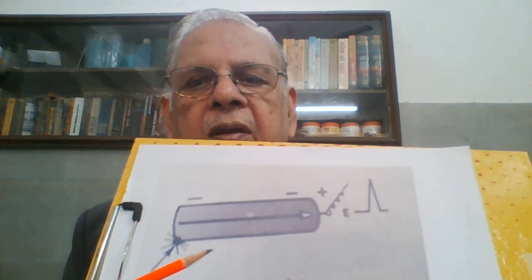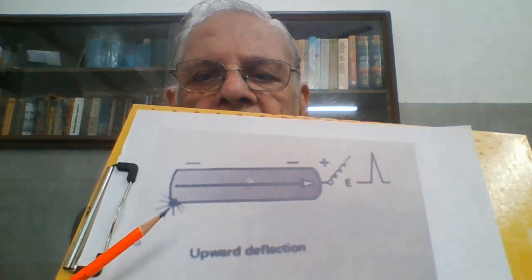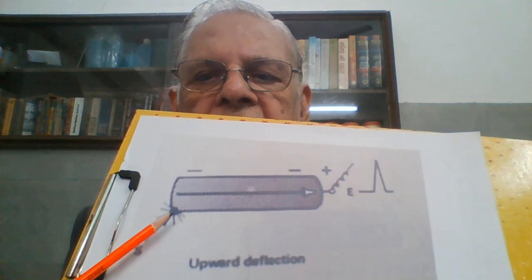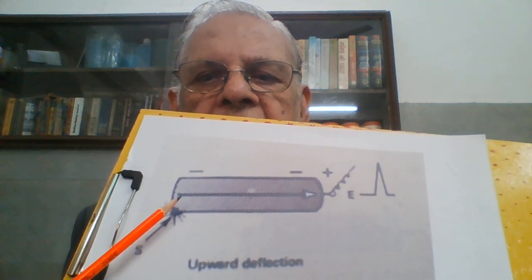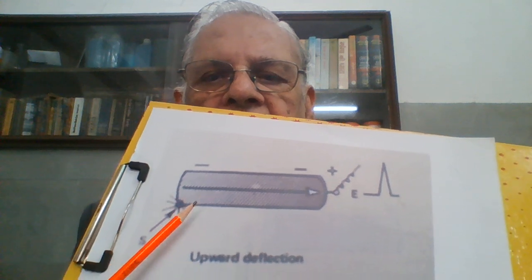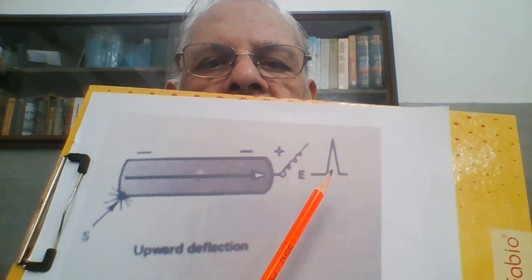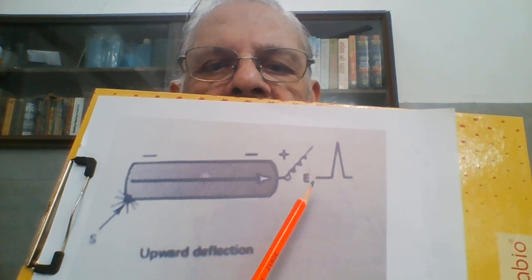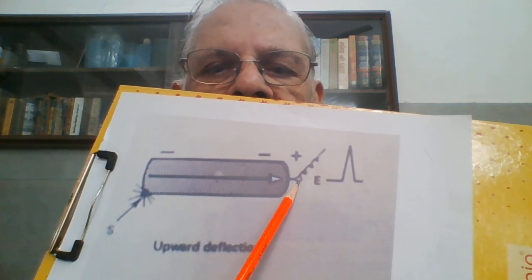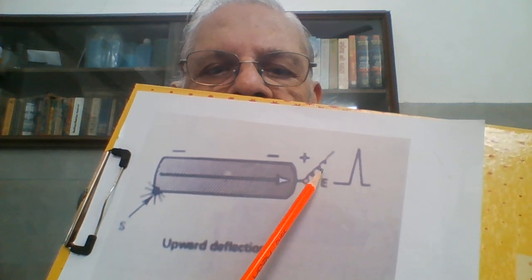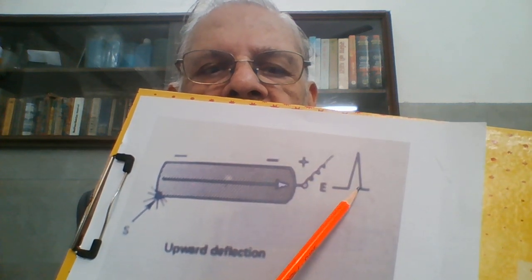Now see this diagram. This is a muscle strip, and here we are giving the current. The wave flows in this direction like this, and here we have kept the electrode. Here is the electrode connected to a galvanometer which records deflection like this.